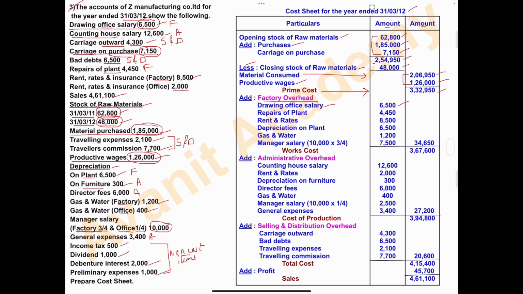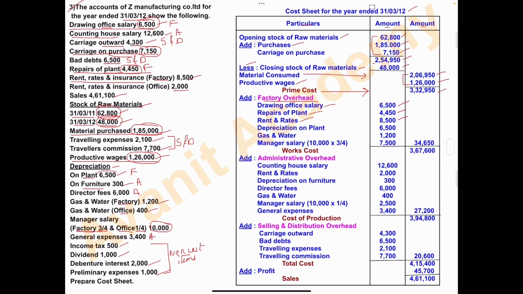See the problem, next one is repairs of plant, rupees 4,450. Rent, rates and insurance amount is 8,500.